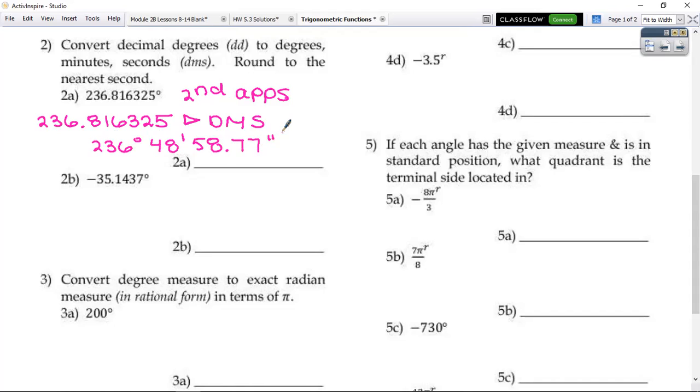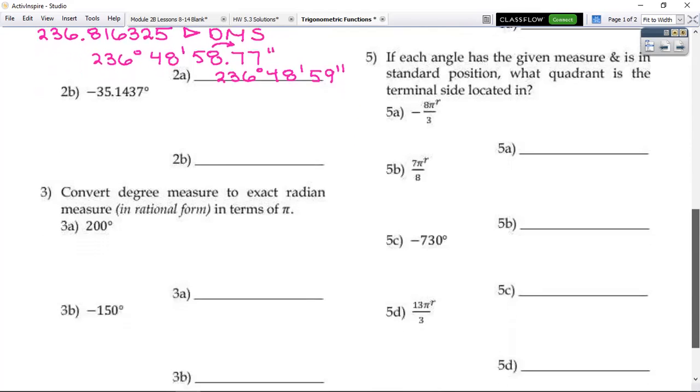So now what you're going to do is round it up. So the 8 is going to bump to a 9. So we have 36 degrees, 48 minutes, and 59 seconds. Okay. Any difficulty? Okay, so I'm going to skip 2B.